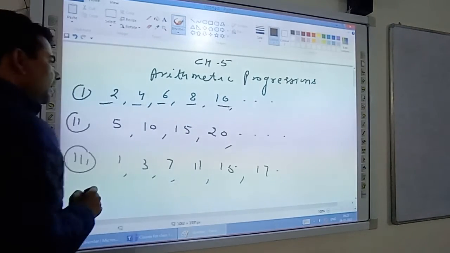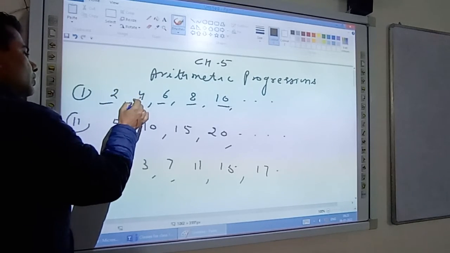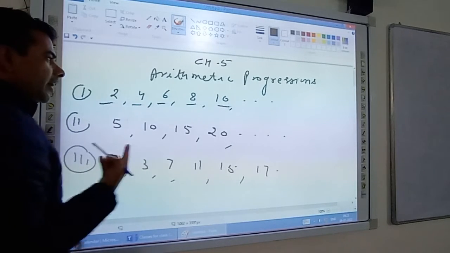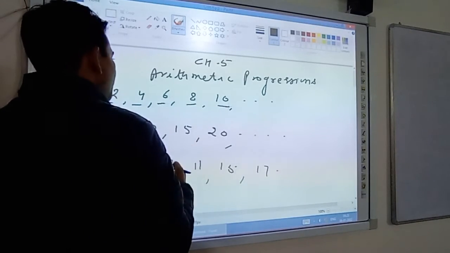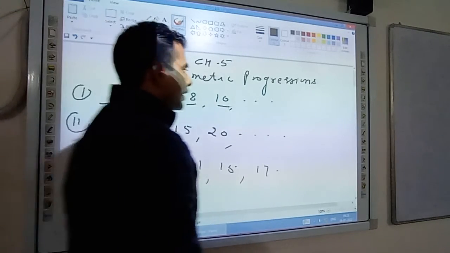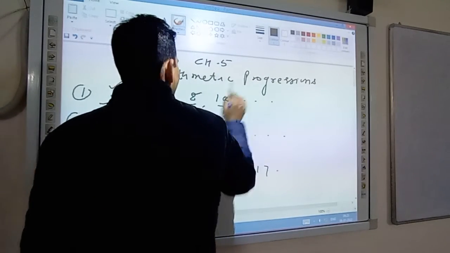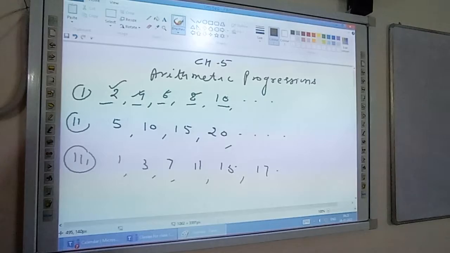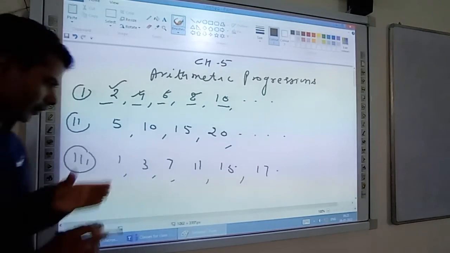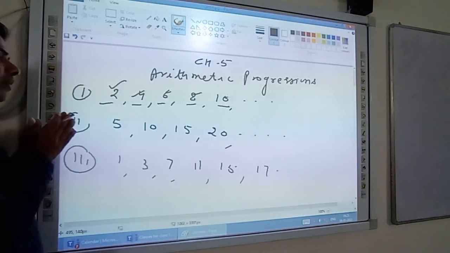We are observing that the common difference is the same. 4 minus 2 is 2, 6 minus 4 is 2, 8 minus 6 is 2, 10 minus 8 is 2. The common difference is the same in this series. Okay?